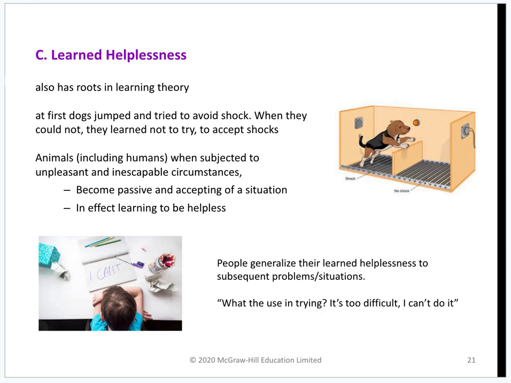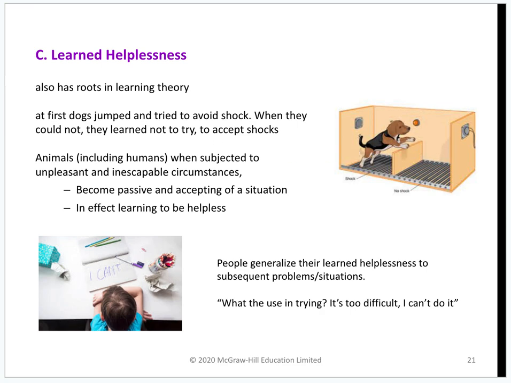Finally, learned helplessness. This, again, you would have seen in your intro psych class and probably in some other classes that you take. It also has its roots in learning theory. It started out here with the dog, right? So the dog gets a shock, so the dog jumps to this side. No shock. And then the shock and the dog jumps over.